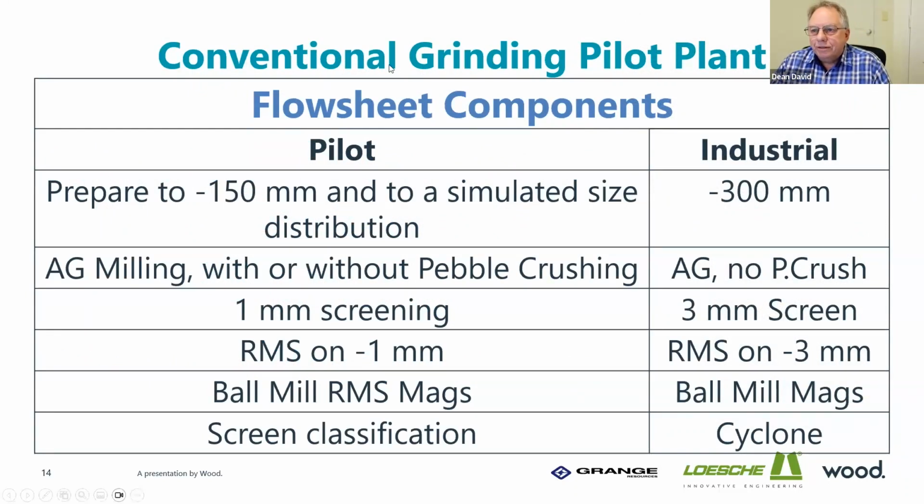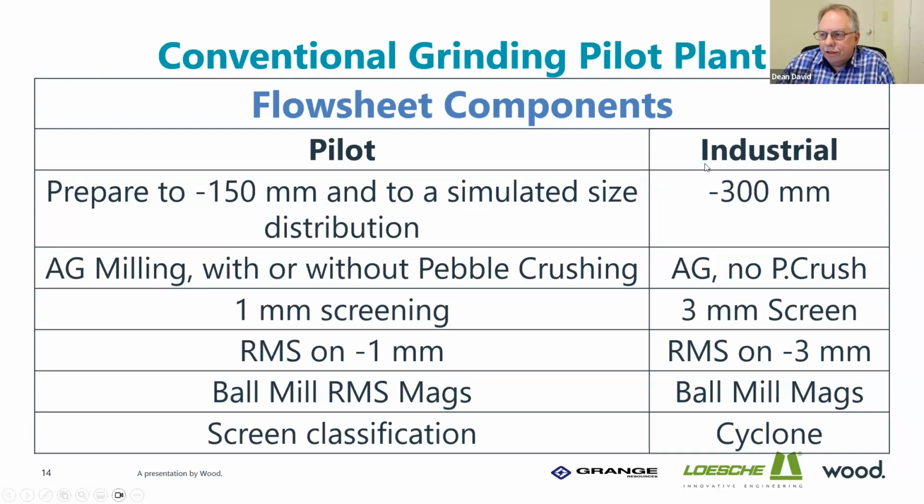So let's start with our conventional grinding pilot plant that we set up in about 2010 and 2011. In the pilot plant, we prepared the feed to minus 150 millimeters, and I simulated up a size distribution in JKSim that we tried to match by various crushing exercises on the material, and we got reasonably close.